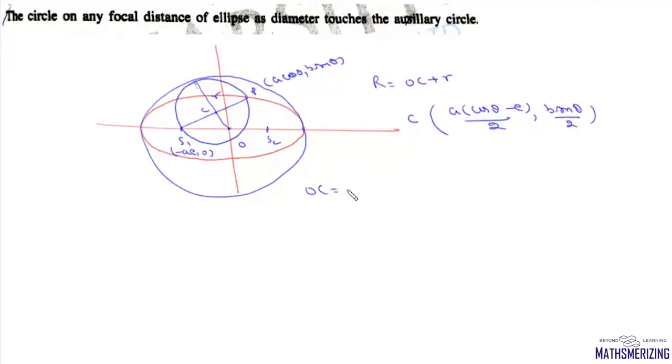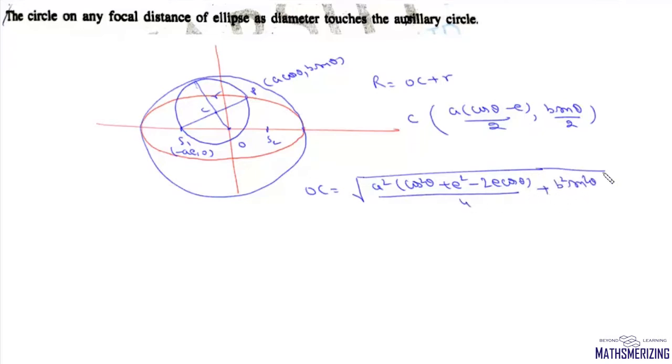So we can find OC as the square root of a square plus b square. So it will be a square into (cos square theta plus e square minus 2e cos theta) upon 4 plus b square sin square theta upon 4.